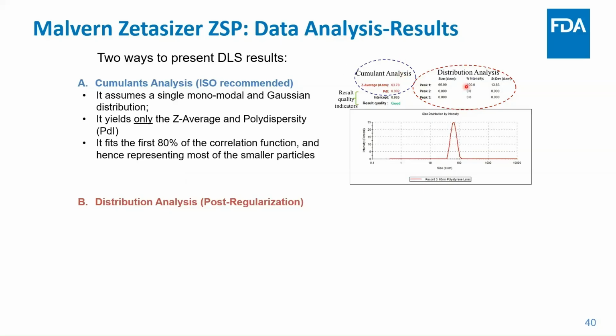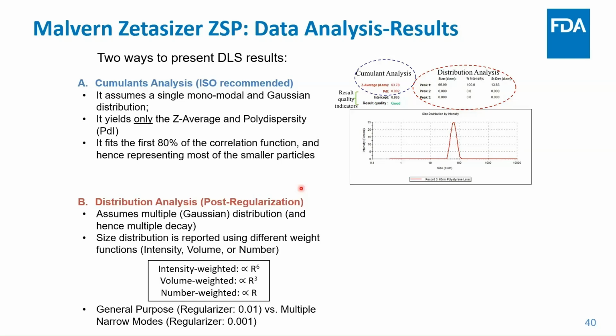The distribution analysis part is post-regularization of the system. And so this is taking multiple decays for the profile. It's going to assume multiple Gaussian distributions about the diffusion coefficients and therefore size calculated from each of those.